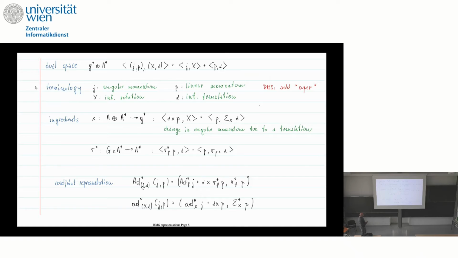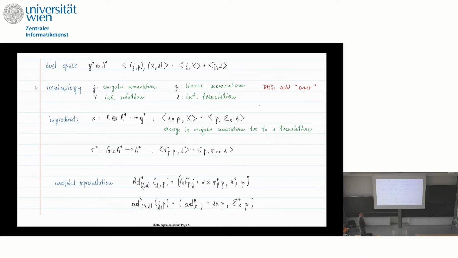You also need the adjoint action of the non-abelian group on the dual of the translations, and this is defined as usual because you have this pairing. Bring it over, but then you do the exercise, and the co-adjoint representation has what you expect for the rotation part, this angular momentum, this orbital part of angular momentum it has always.